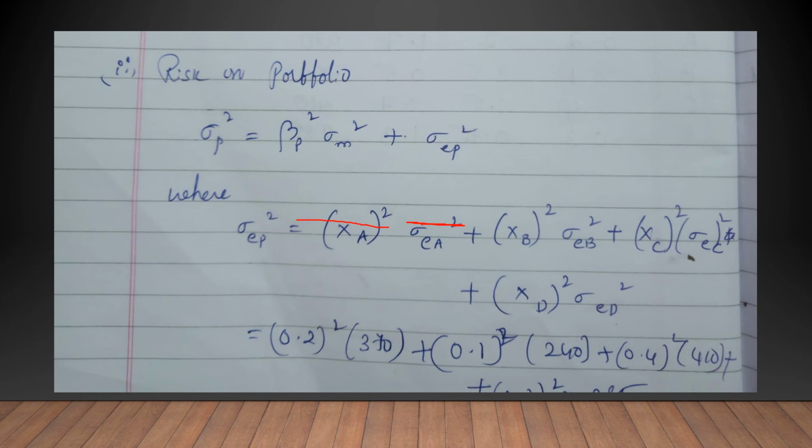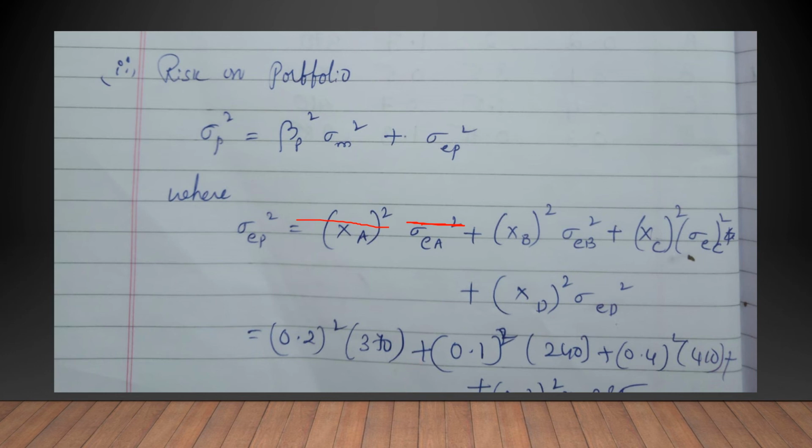That is, sigma ep square is equal to the weight of the securities, the whole square, into sigma ei square, which is given in the question. That is the unsystematic risk: 3.70 for the first security, security A. So that is 0.2 the whole square into 3.7 the whole square.